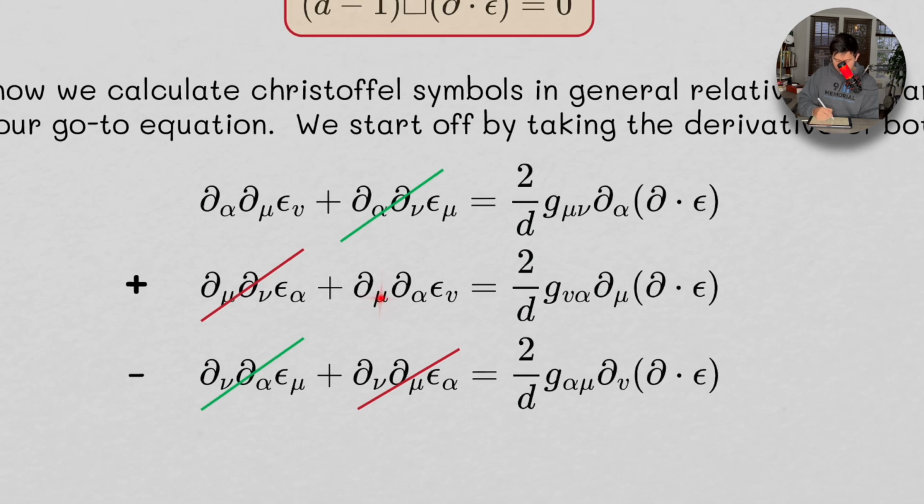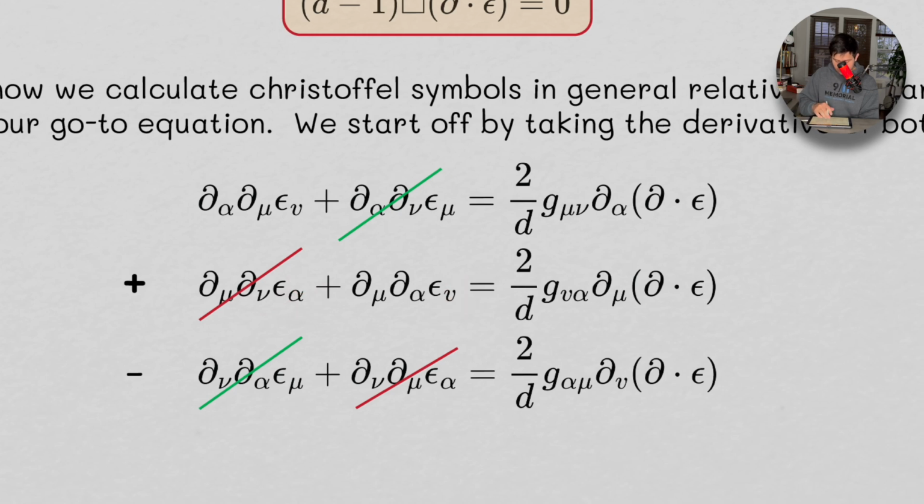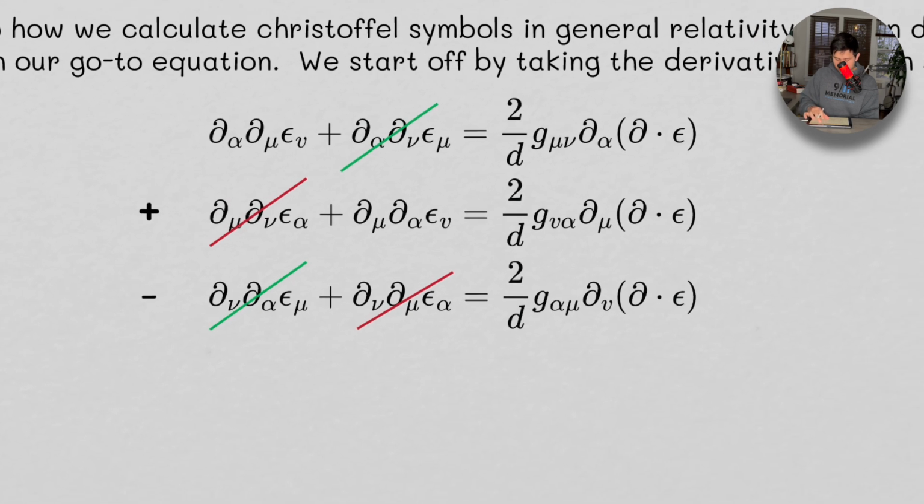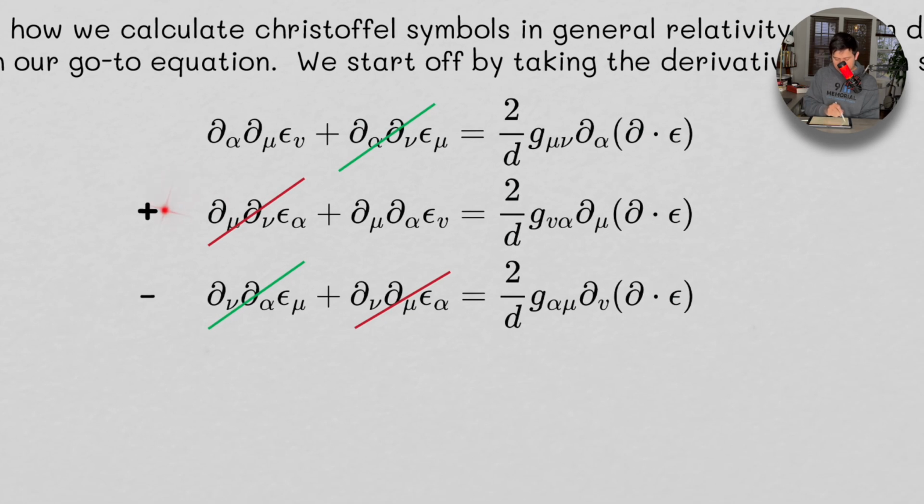So alpha to mu, nu to alpha, right? So nu to alpha, mu to nu, and then in this one we're going to go alpha to nu, right? So alpha to nu, and then nu to alpha, and so forth, right? And then what we're going to do is we're going to add this equation and subtract this equation.